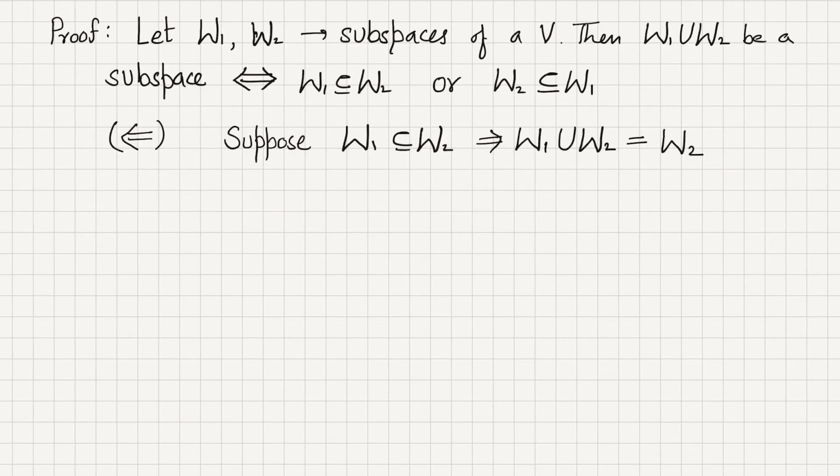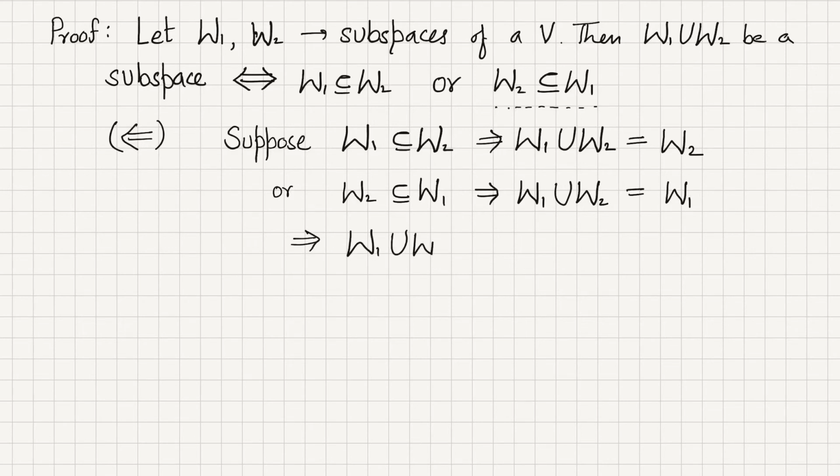Or if W2 is contained in W1, the union W1 union W2 comes out to be W1, and W1 is again a subspace. So in any case, W1 union W2 is a subspace.